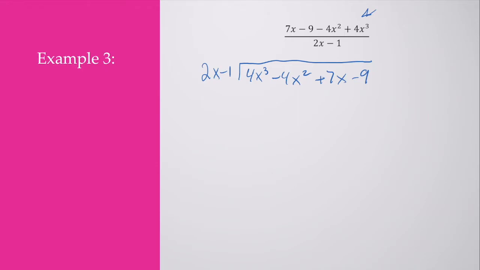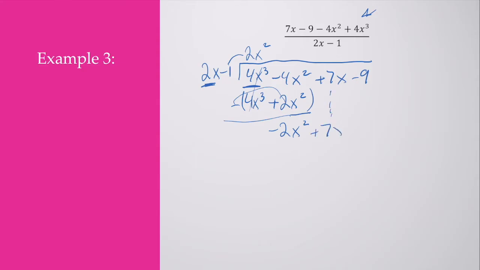So what do I multiply 2x by to make it look like 4x cubed? The answer is 2x squared. 2x squared times 2x is 4x cubed. 2x squared times a negative 1 is a negative 2x squared. We subtract, distribute that negative. My first terms cancel. Negative 4x squared plus 2x squared gives me a negative 2x squared. And I pull down my next term.